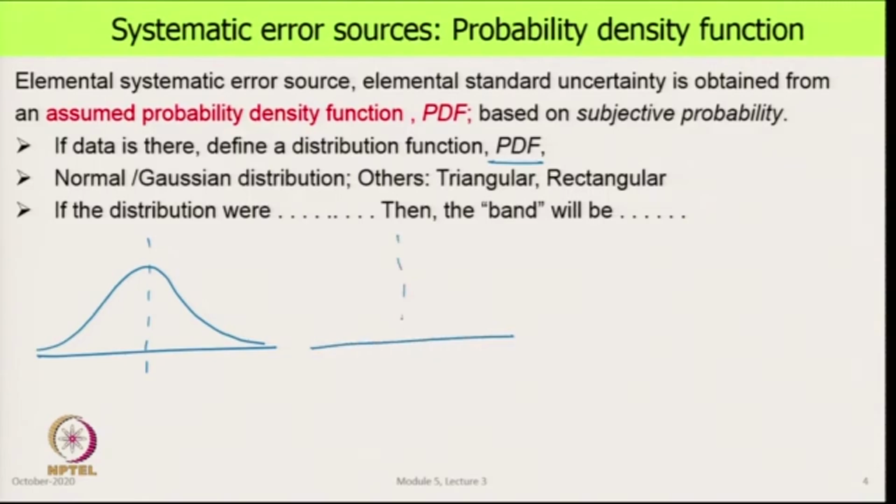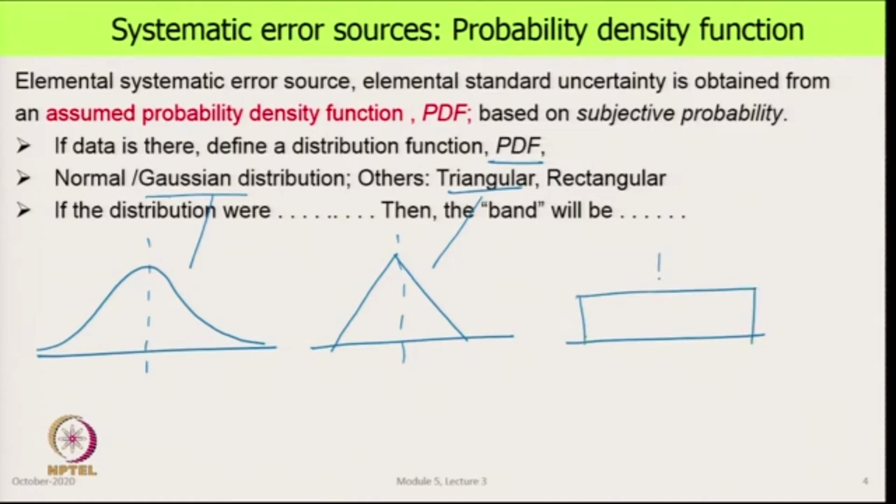We could have had a triangular distribution. So, this is a Gaussian distribution, that is a triangular, and it could also be a third one, which is a rectangular distribution. In all the cases, this axis is the value and this axis is the probability of that value. So, much of what we have learnt has been based on this one.